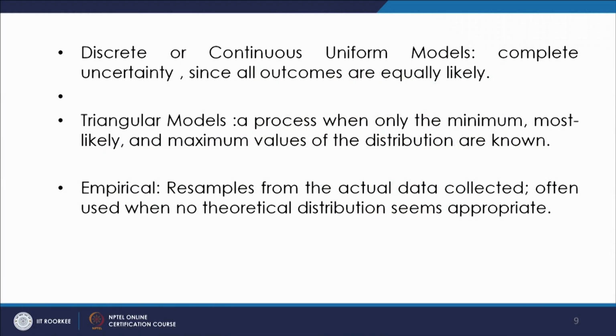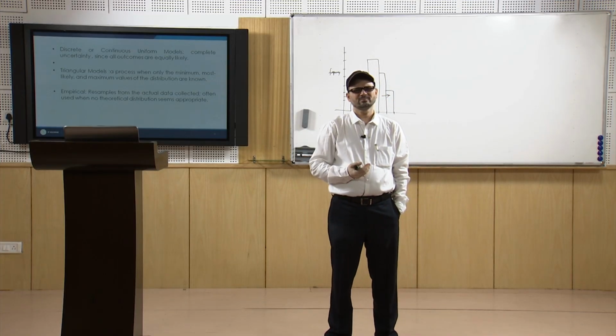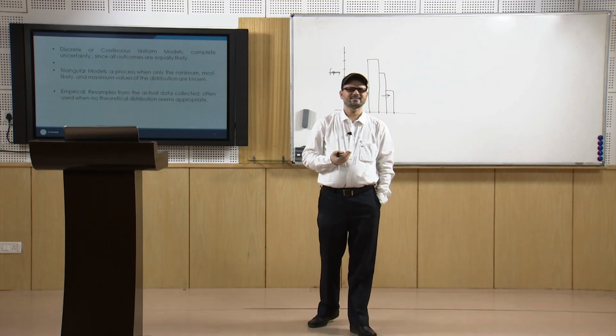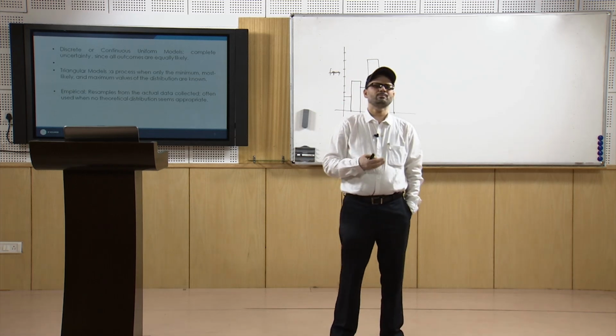Triangular models are used where you have 3 values: minimum, most likely and maximum. And we go for empirical models where you have data from the actual collected one, which you further sample, and it is used most of the time when no other distribution is appropriate.